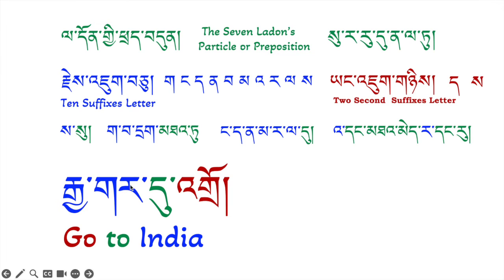After the suffix ra, the Ladin particle or preposition you can use is ra. Here, what particle can I use? Ru. Why? Because of this suffix ra here. So that is the correct one.